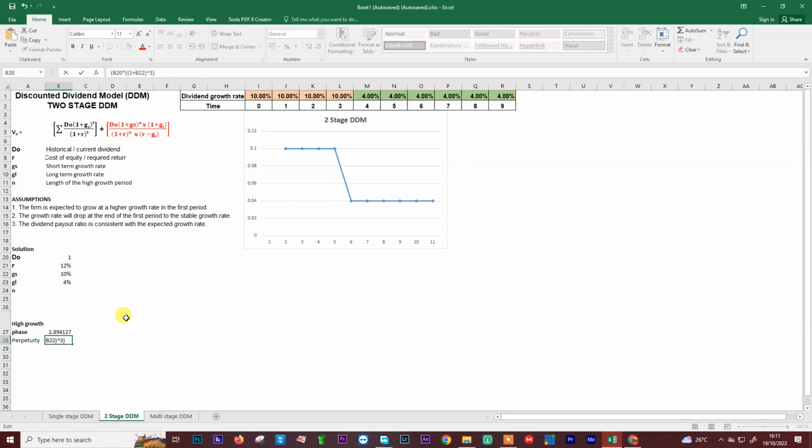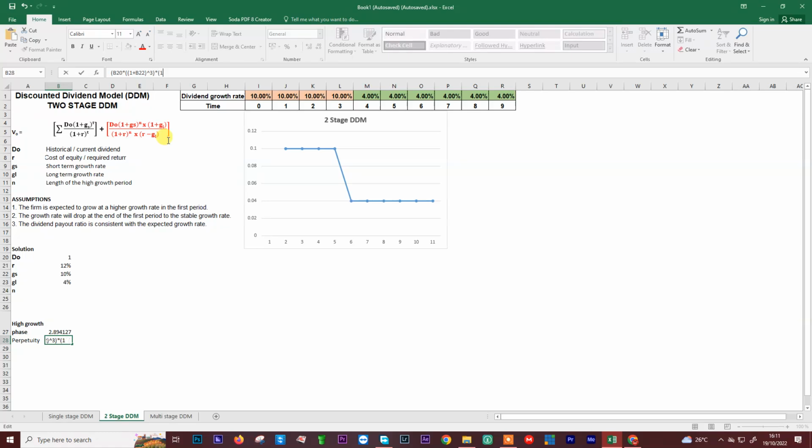So this part over here represents just that part up to there. Then, if you allow me, I multiply that times 1 plus GL.